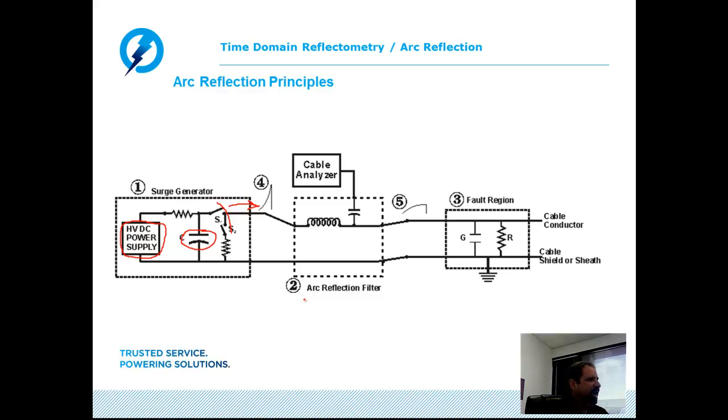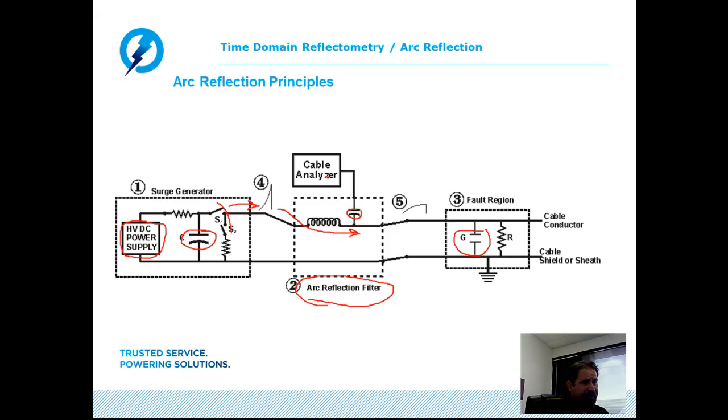The next item we have is the arc reflection filter, and we have the faulted region of the cable, more importantly the gap. The high voltage surge that comes out of the surge generator has to go through the power separation unit. It is able to pass through the inductor but is blocked by the capacitor.